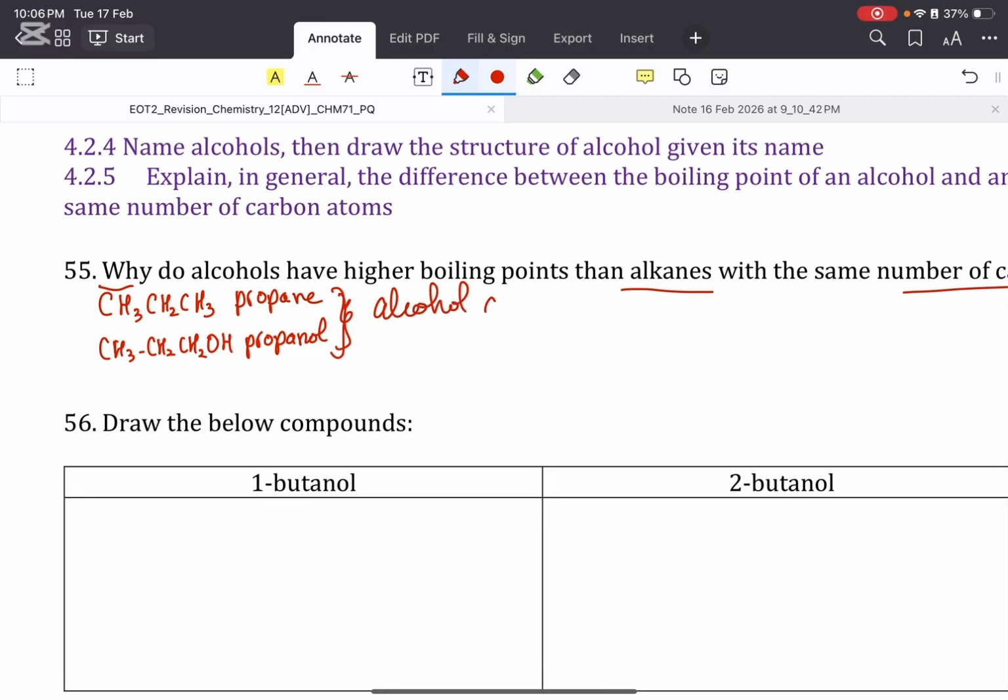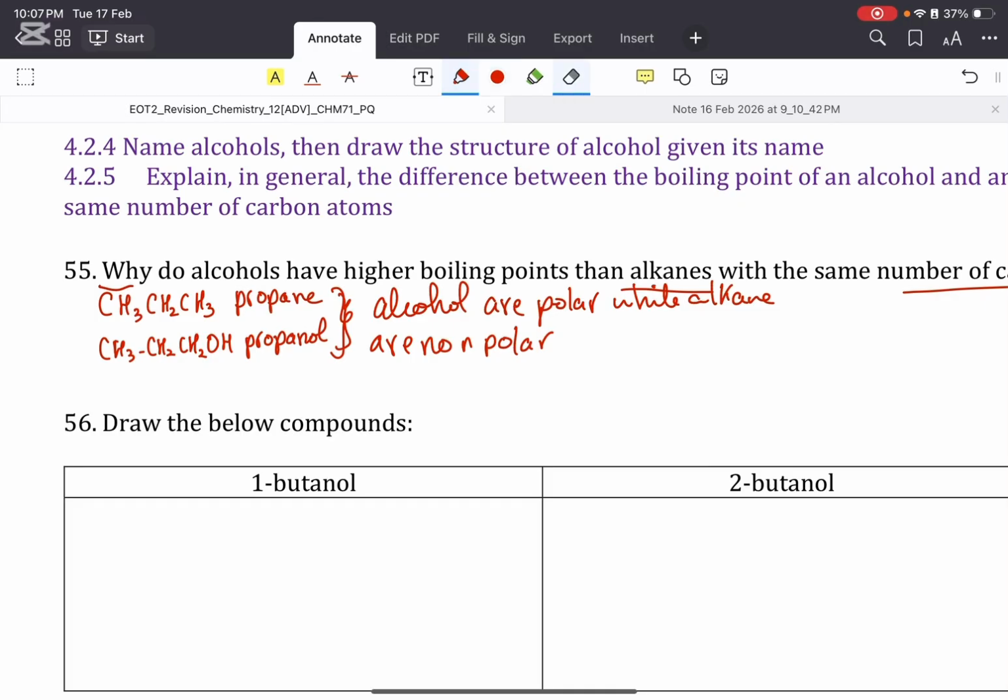Alcohols are polar while alkanes are non-polar. And this means that alcohols can form strong intermolecular forces between their molecules, while alkanes cannot form strong intermolecular forces.